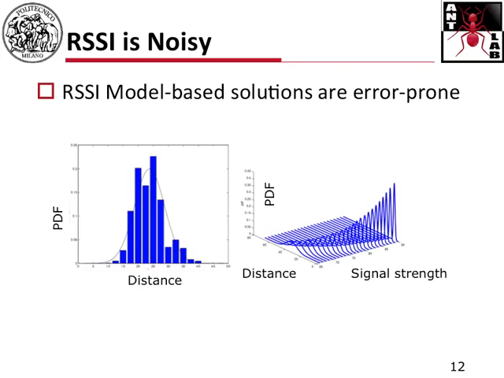This kind of graph can be obtained by having one transmitter and one receiver fixed in position, and probing, for example, by transmitting 1 million beacons from the transmitter to the receiver, and for each beacon inverting the received power to find the distance, giving a point in this graph.